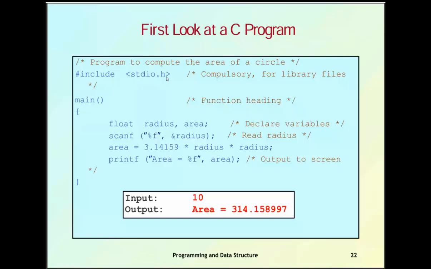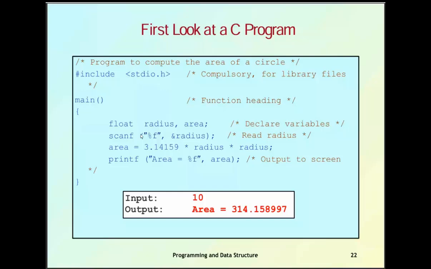Now we have this float. These are the variables, because as I said, in order to store the radius we need to have some mechanism, so we have reserved a space in the main memory. Now, what is the point of defining it as a float?